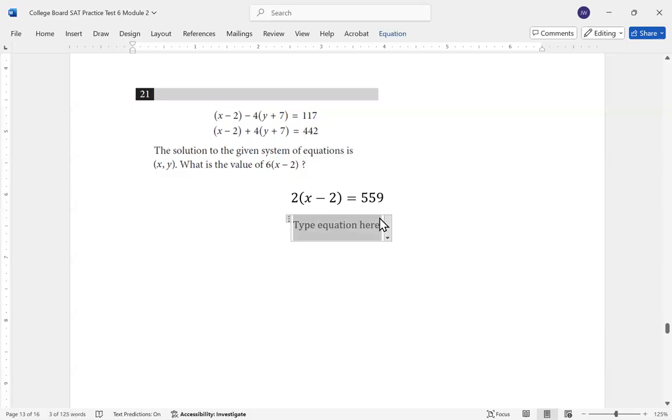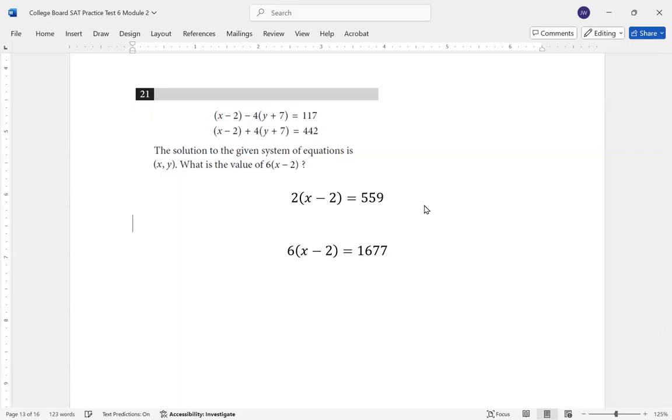So all I would have to do is multiply both sides of this equation by 3. 3 times 2 is 6. 3 times 559 is equal to 1,677. And there you go. That's what happens when you multiply both sides by 3.